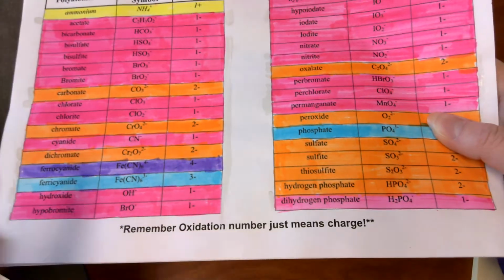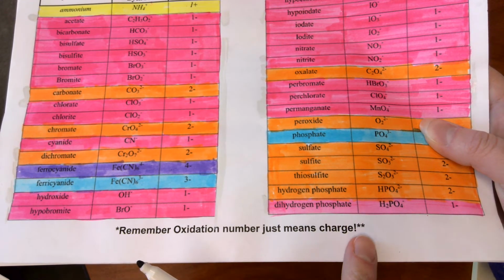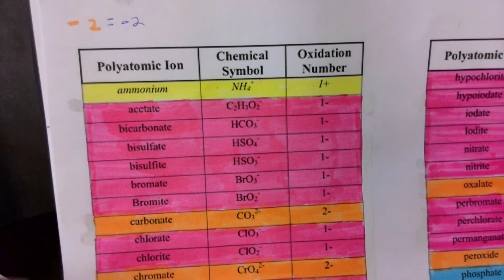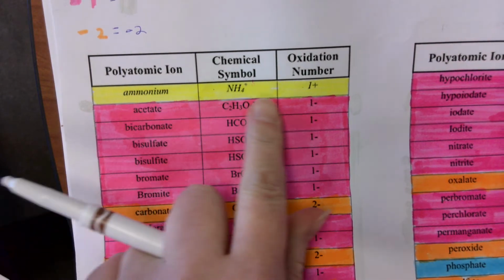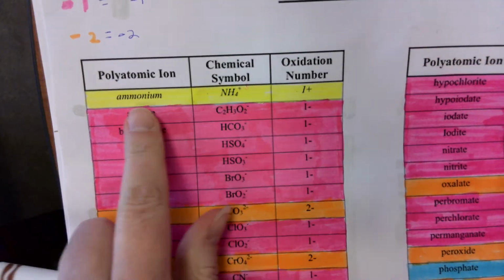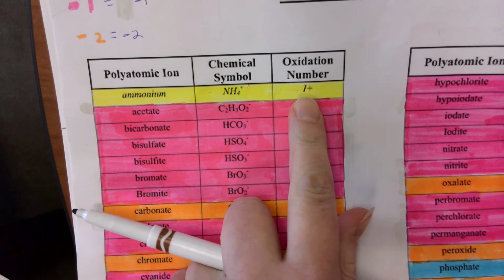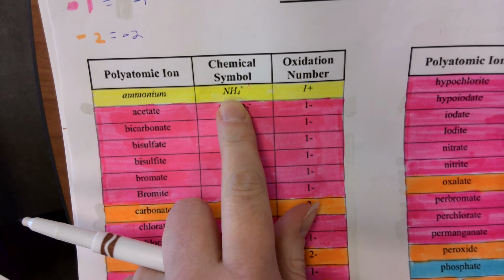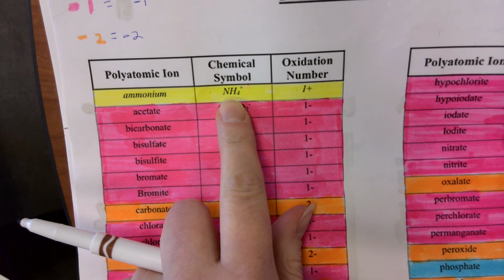Remember, oxidation number just means your charge. So ammonium is a +1 polyatomic ion. It's a cation, just made out of more than one atom.